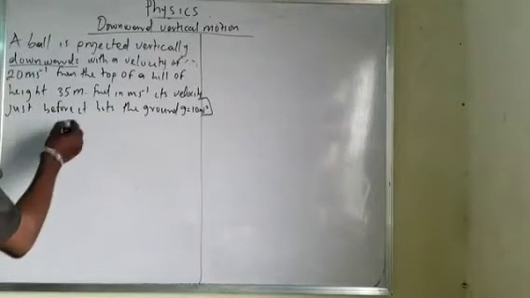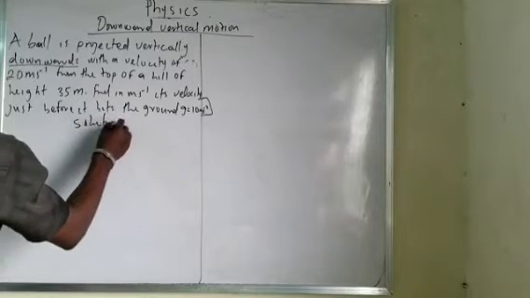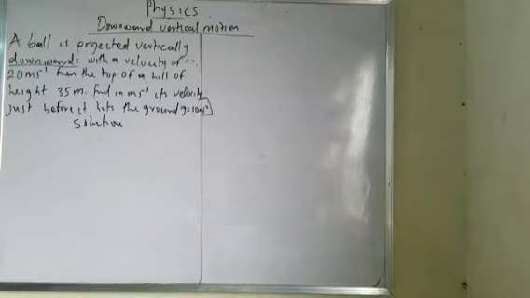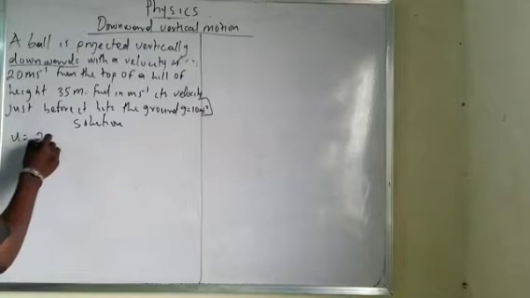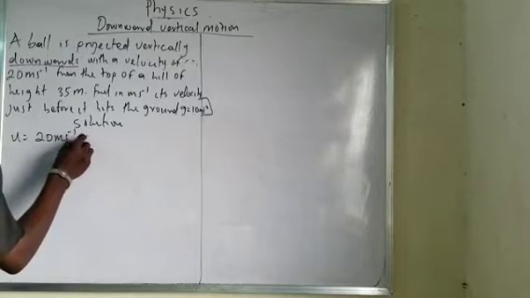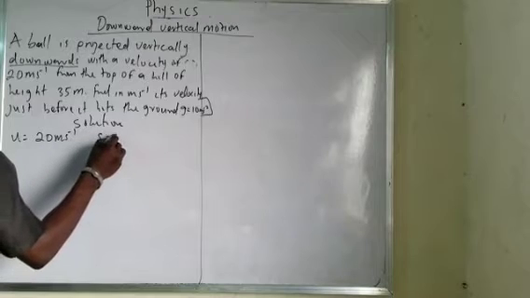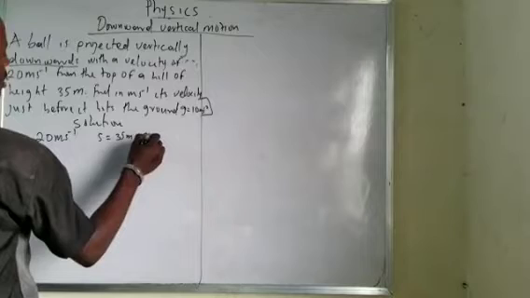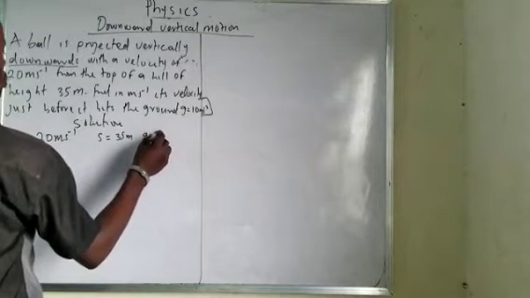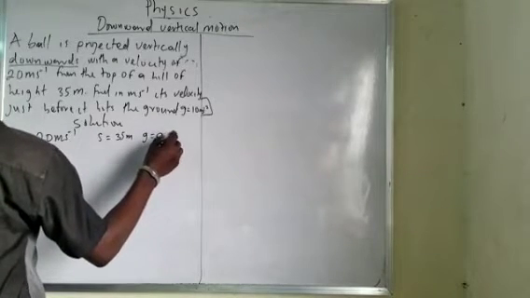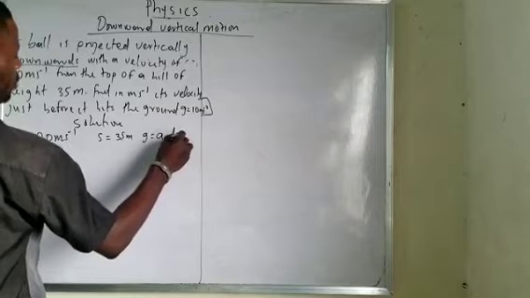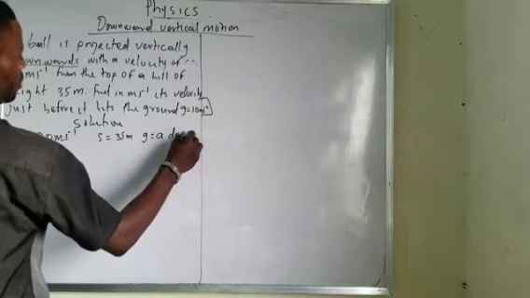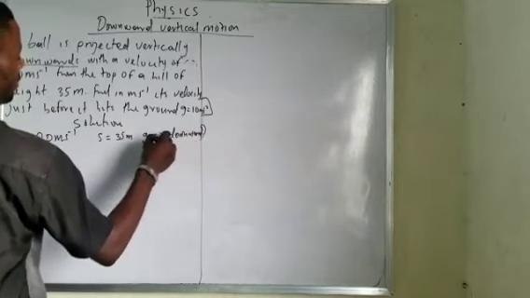Since it's coming down, solution to this problem. Since it's coming down, it means I'll be having u of what? My x will be 35 meters, and my g equals a, which is downward. You know you are coming down now. It's not against now.